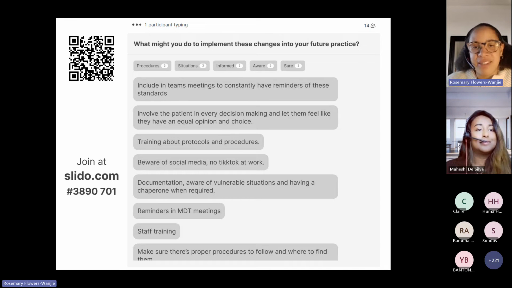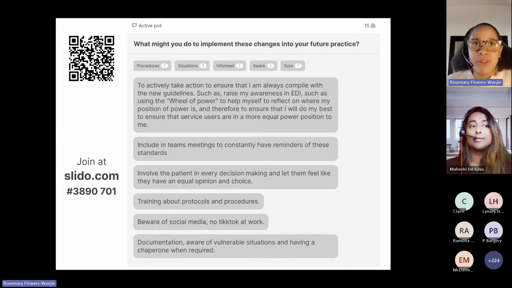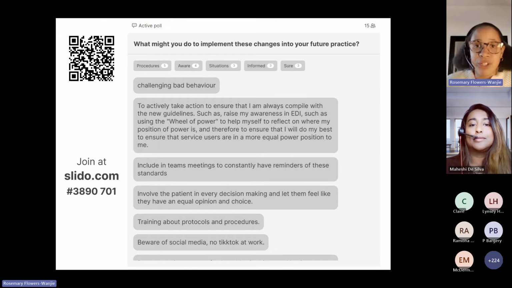So in the standards of conduct, performance, and ethics, there are standards specific to raising concerns and how you should go about that and what your responsibility is when you're raising concerns. And I think challenging discriminatory or inappropriate behaviour falls under raising a concern, particularly now with the revised standards as well. And so that should help support registrants and students when you do need to raise those concerns and if you are a witness to discriminatory behaviour.